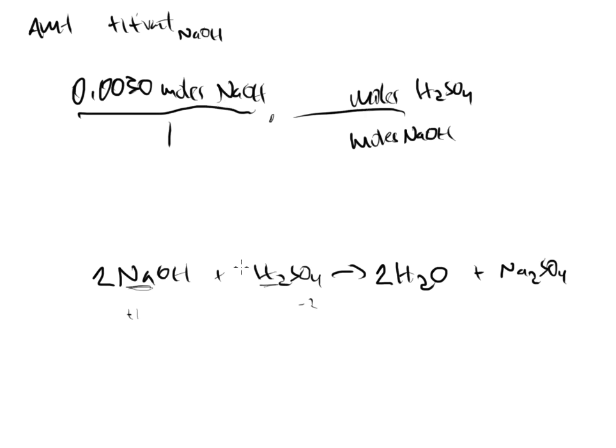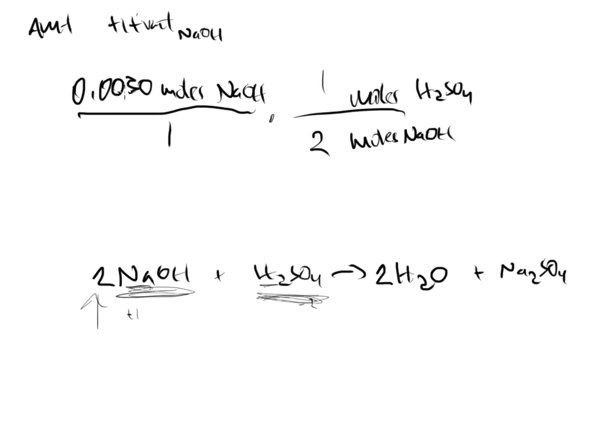And based on this balanced chemical equation, because it's not 1-to-1, here's my moles of NaOH. Just like before, NaOH is there. There's a 2 in front. So I'll put a 2 there. And then H2SO4 is up here on top. H2SO4 is there. There's not a number, so it's understood to be a 1. So a 1 goes on top there.